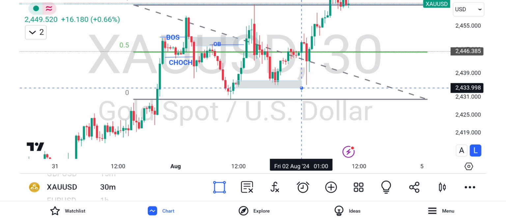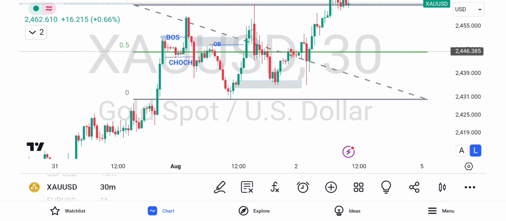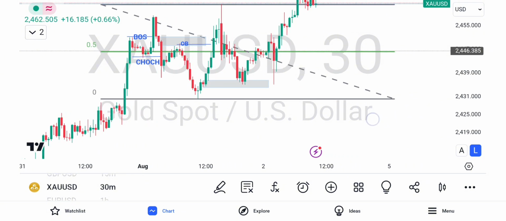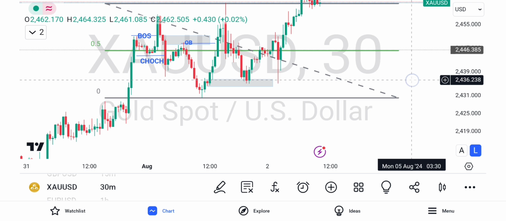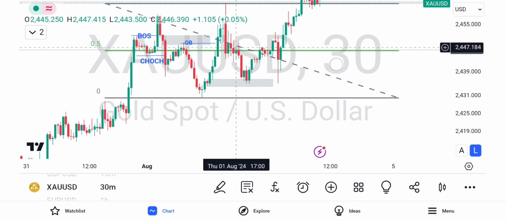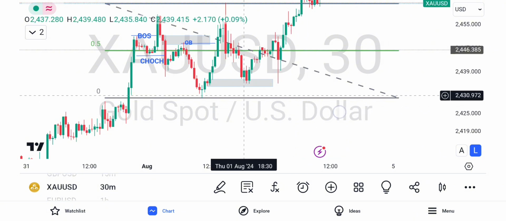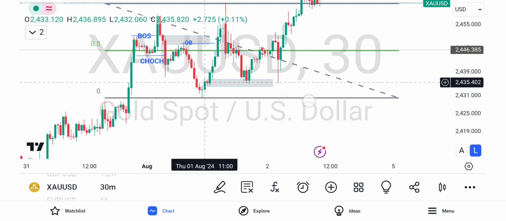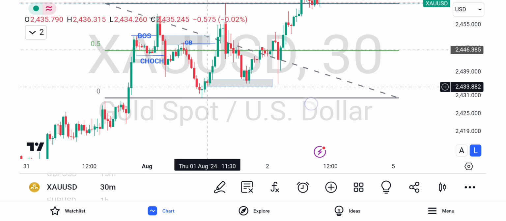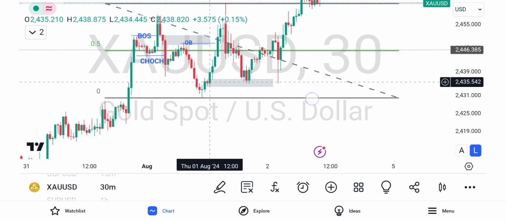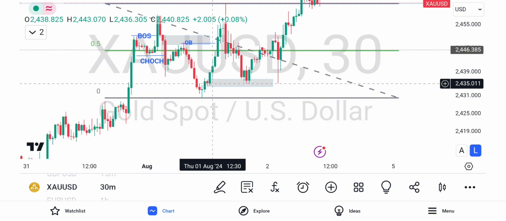And that is why this becomes a more viable trade, and that is why price would not respect this order block here for a longer sale, because price gave us an order block here. Are we together?